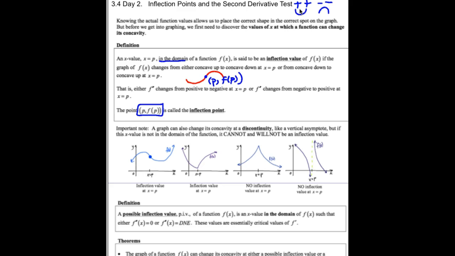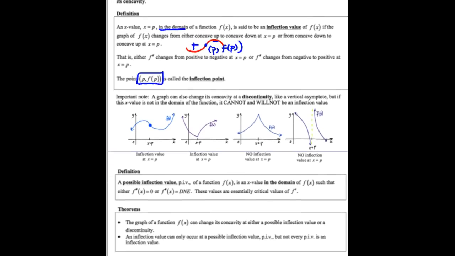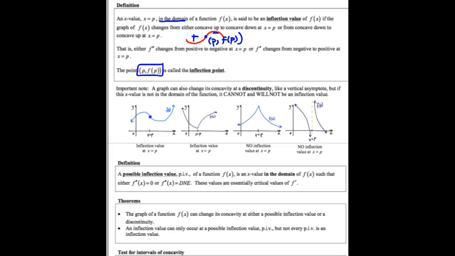But really what's happening is it's the spot where we go from concave up, which means we had a positive second derivative, to concave down, or had a negative second derivative. If we could find where that change occurs in the domain of f, we have our inflection points. So it's important to note that a graph can also change its concavity at a discontinuity.